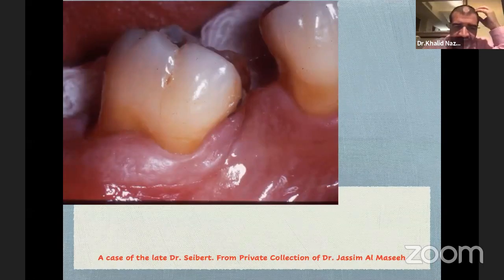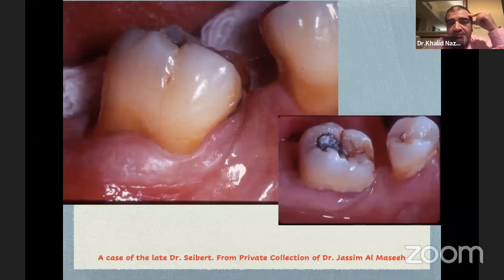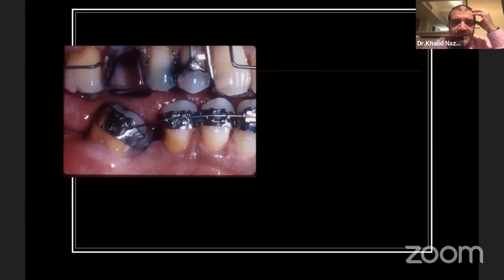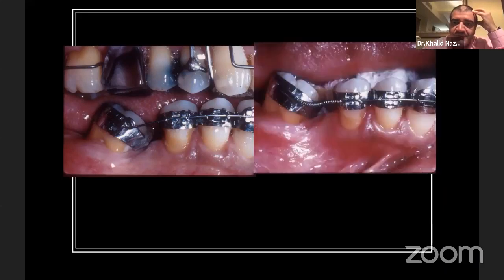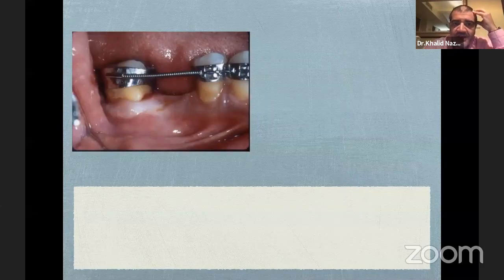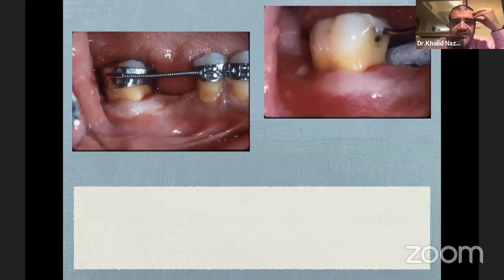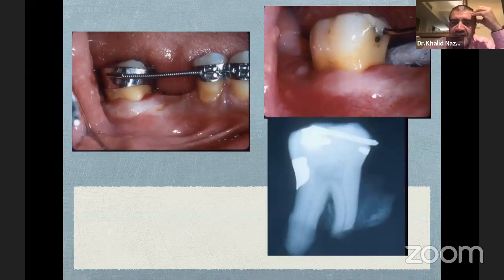This is one of the cases of Dr. Siebert, from one of my friends who was his student. This is a tooth with an infrabony defect that was planned for extraction, and apparently Dr. Siebert convinced the patient to go through a process where they did the uprighting with orthodontic wires, and after the uprighting, debonding happened, and the tooth was taken as a histological biopsy.